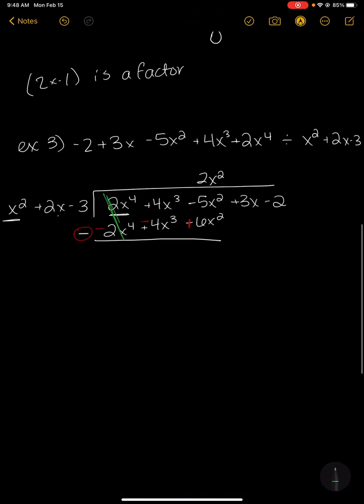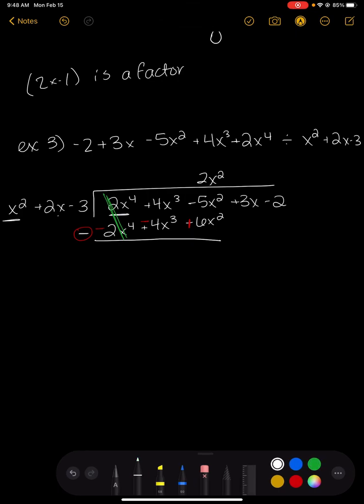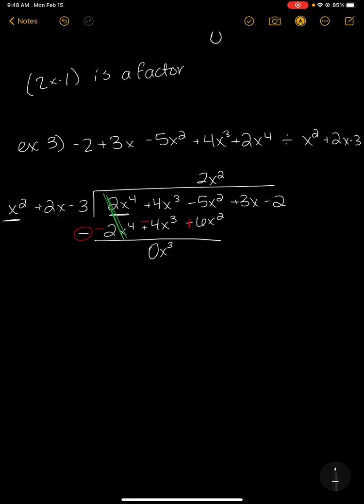My first term cancels out, which is really good. 4x cubed minus 4x cubed is a 0x cubed. And we're going to write it as 0 just because that is how we're going to multiply. And we want to make sure that we've got all the right terms. And then negative 5x squared plus a 6x squared. Positive x squared, bring my next term down.